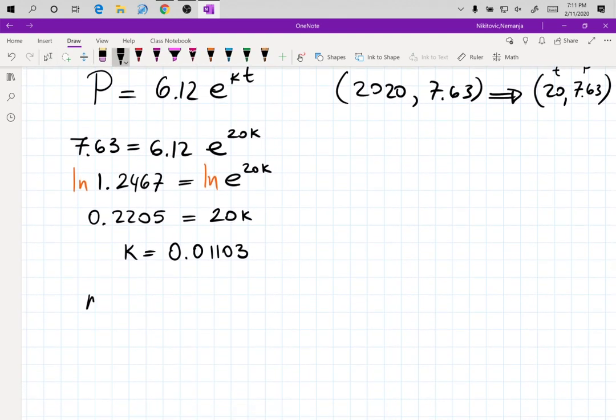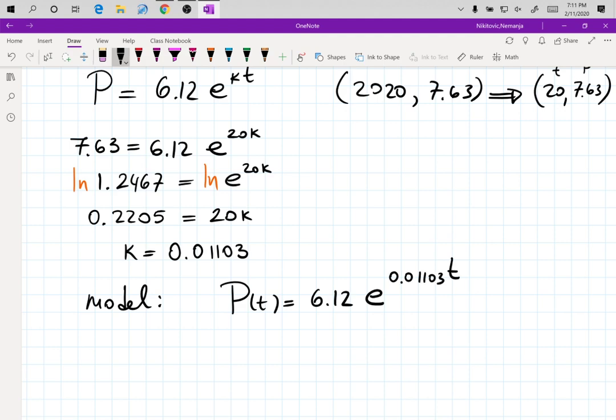Finally, I have my model. Population in time is equal to initial population 6.12 e to the 0.01103 t. This is my population model if I use the numbers from 2020 and 2000.